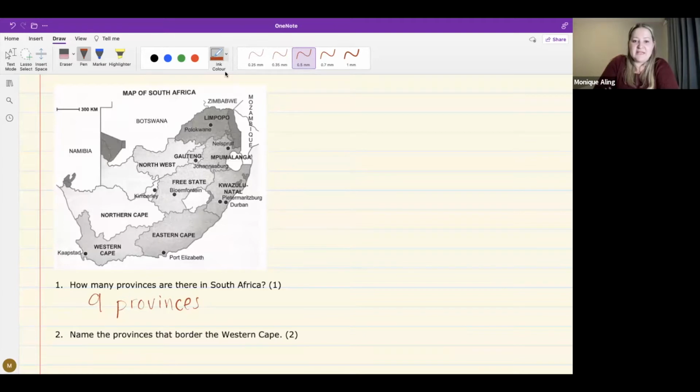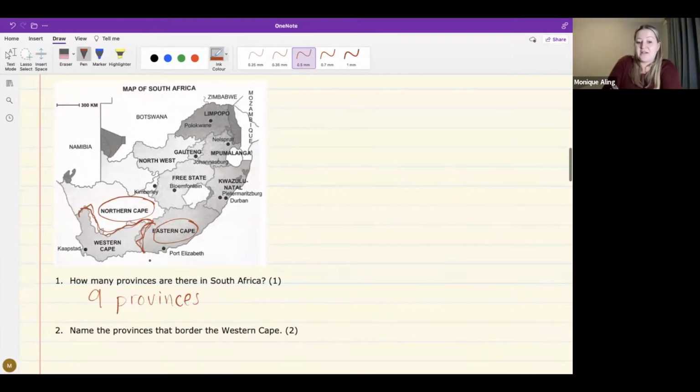Northern Cape and Eastern Cape. Fantastic. Thank you. Okay, so here's our border over here. And we have the Northern Cape and the Eastern Cape bordering the Western Cape. So that is what we mean when we ask what provinces border. So basically the neighboring provinces.